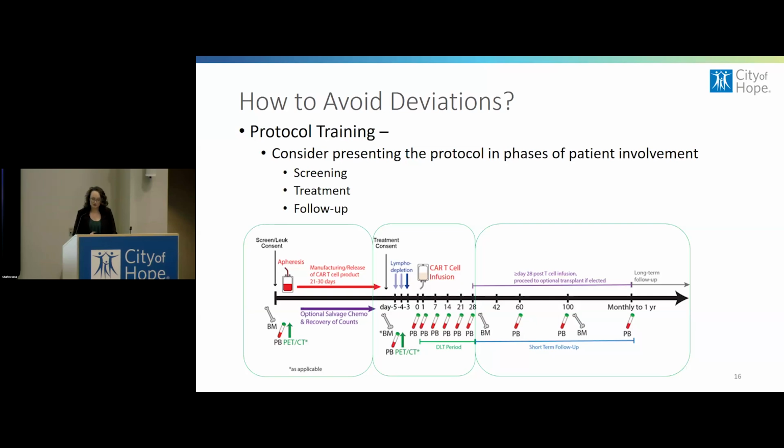We have the screening phase, which may include screening, leukapheresis, manufacturing, eligibility review. Then we have the treatment phase, which may be active treatment, and also the DLT evaluation period. And then follow-up, which depending on the study could be short-term follow-up, or long-term follow-up for 15 years. So this sets those expectations and creates a visual tool to educate patients and staff.